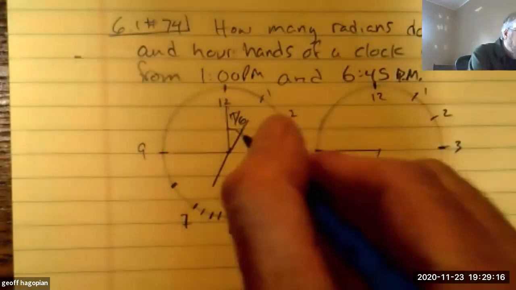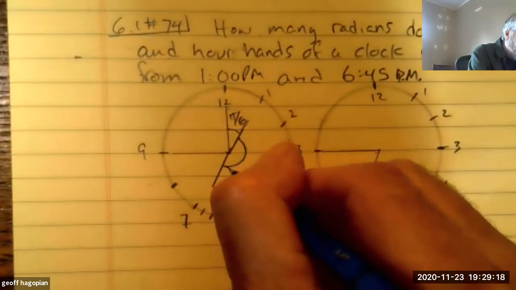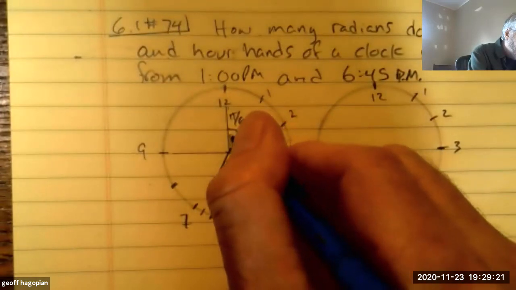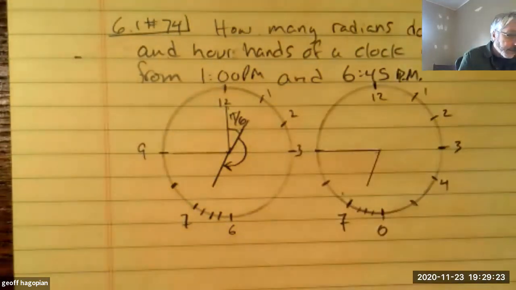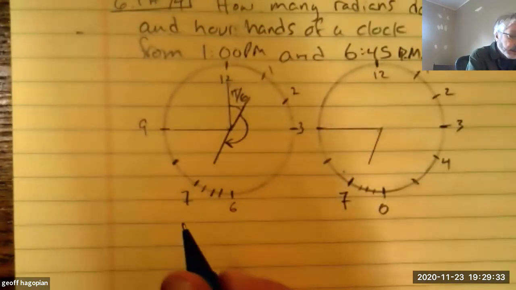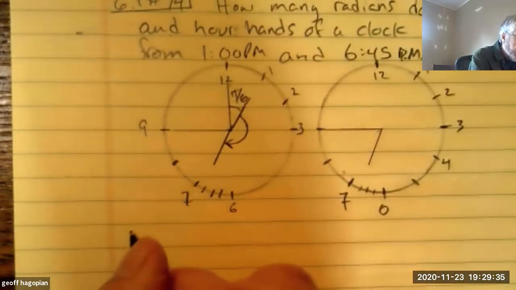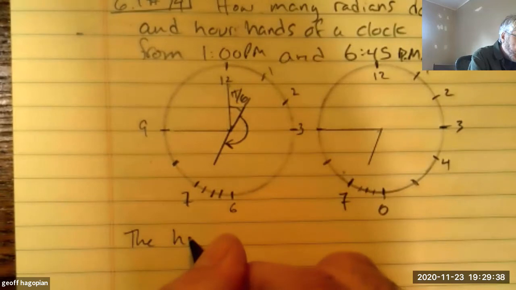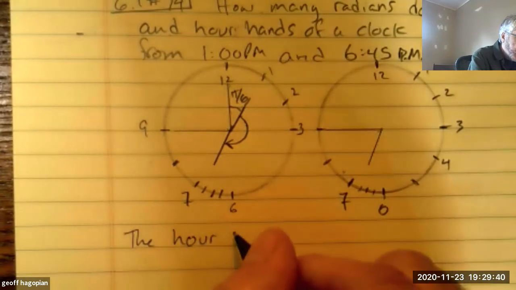Okay, so we want to know what this angle is here. The minute hand is going to make many revolutions, right? So what do we say here? The hour hand.